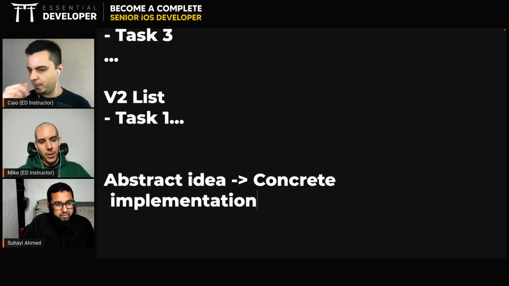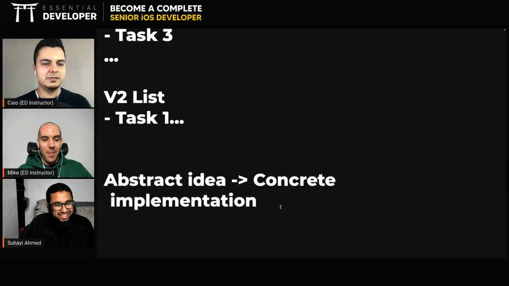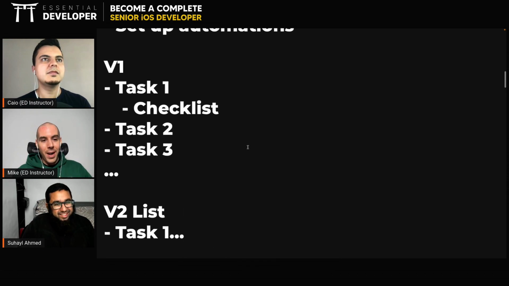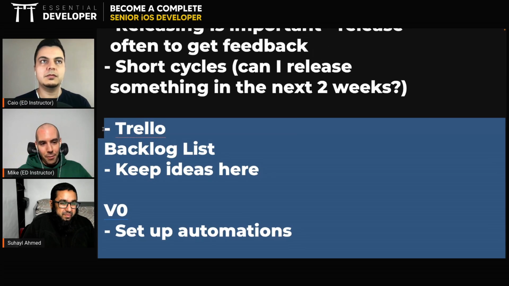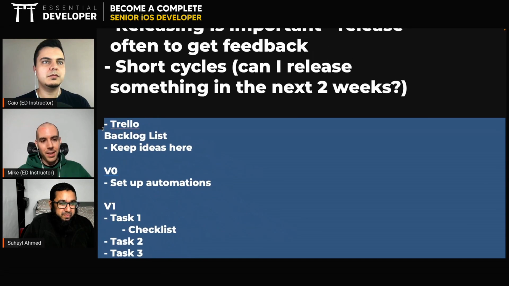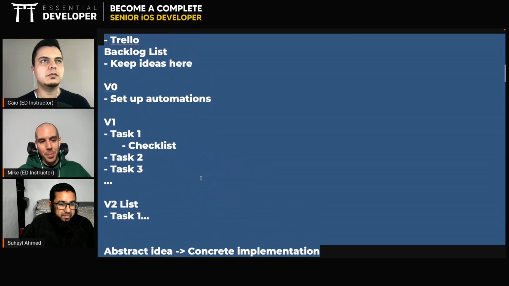I mean, you mentioned, Suhail, that you coded a simple app in a matter of days, then you shipped it and you were happy. I don't think it was simple. I think what happened was that you had a concrete idea of what you need to build, and when you do that, you can actually build it fast and ship it fast and get feedback and have this sense of accomplishment.